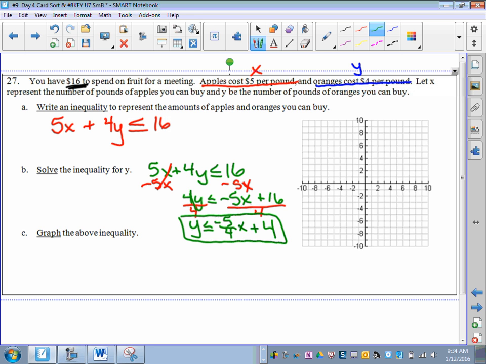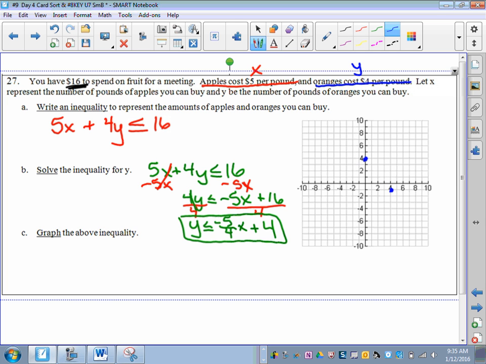Oh, look, we get to graph it now. My favorite part. What's my y-intercept? 4. My y-intercept is 4. Plot that. And my slope is negative 5/4. So down 1, 2, 3, 4, 5. Over 1, 2, 3, 4.